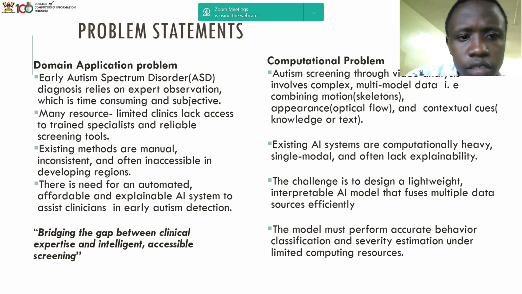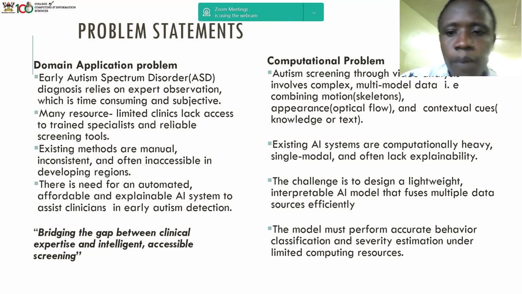So our computational problem: we can see that autism screening through video analysis involves complex multimodal data, combining motion, appearance, and contextual cues. The existing systems are computationally heavy, use a single model, and most of the time lack explainability.